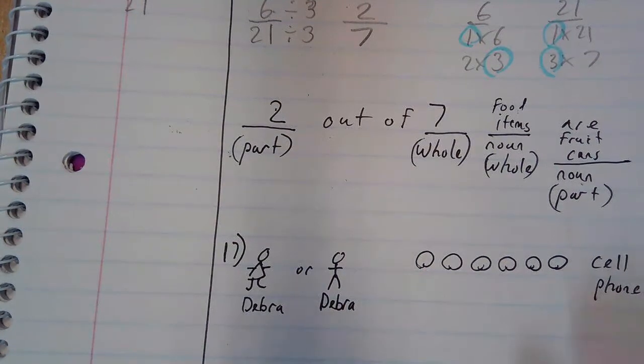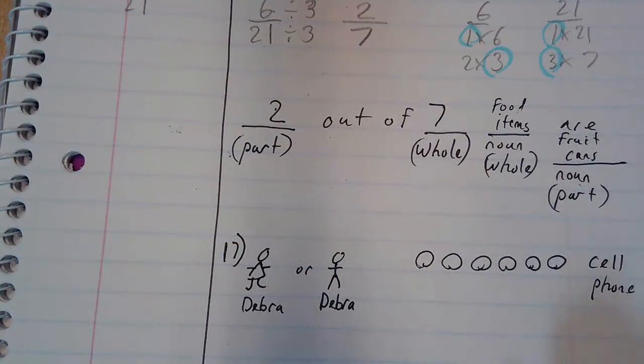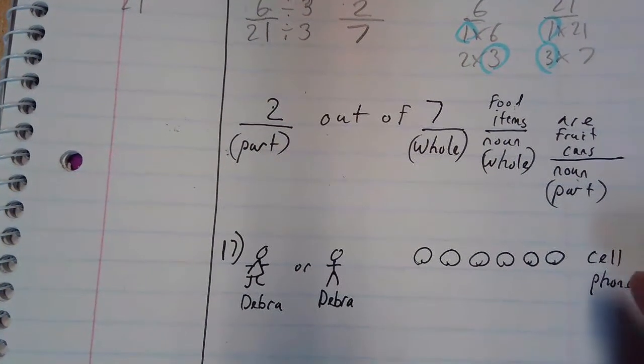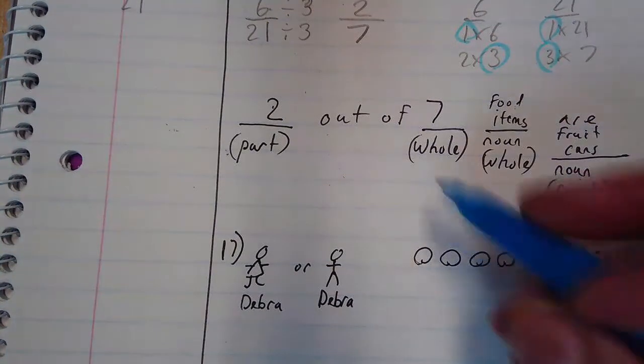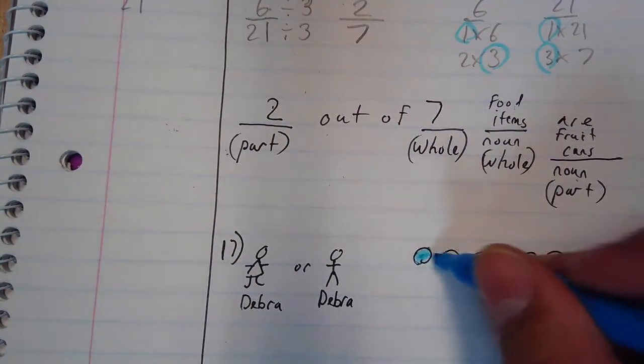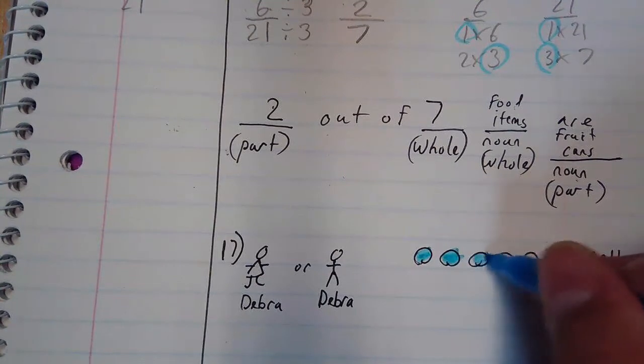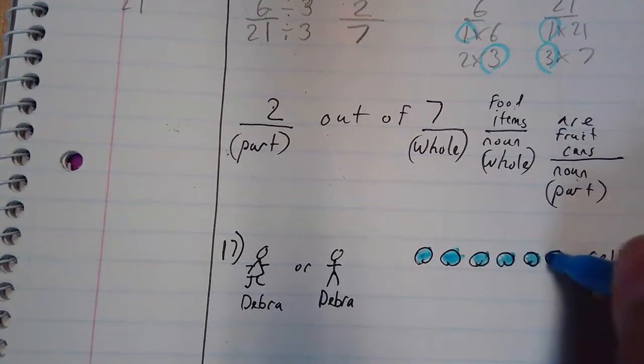Right? That's 6 students. But the total is 24, right? Remember the pattern? 6 out of 24? So that tells me the total is 24. Now, hold on. Let me just shade these in. Because we really are talking about 2 groups, right? Ratio so far, every ratio we've been talking about is 2 groups.